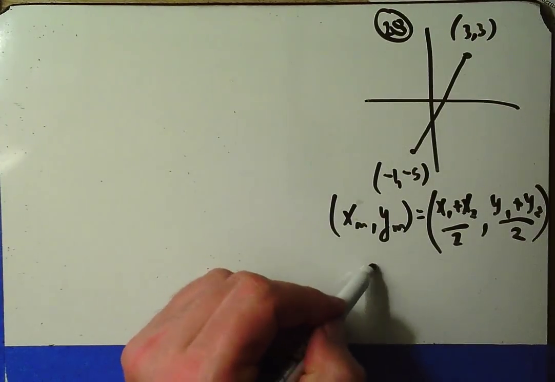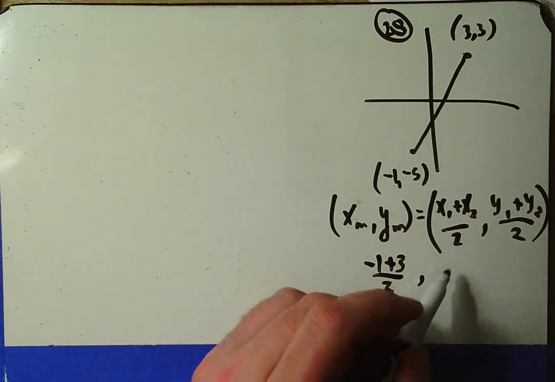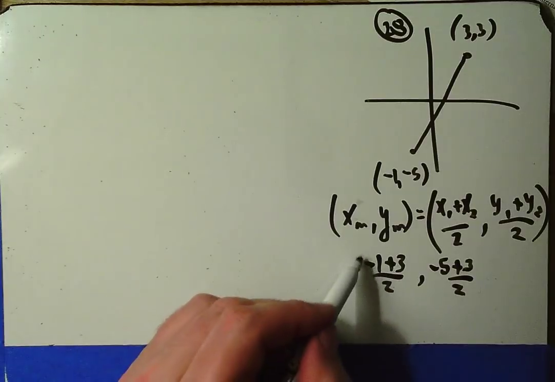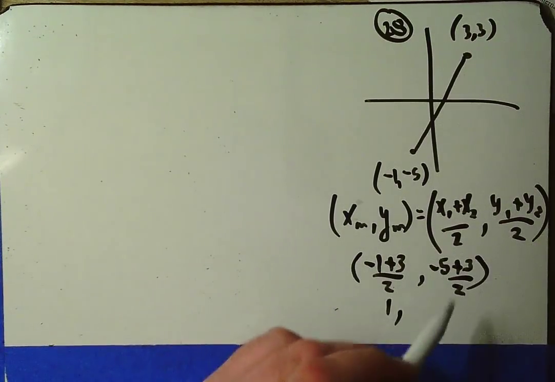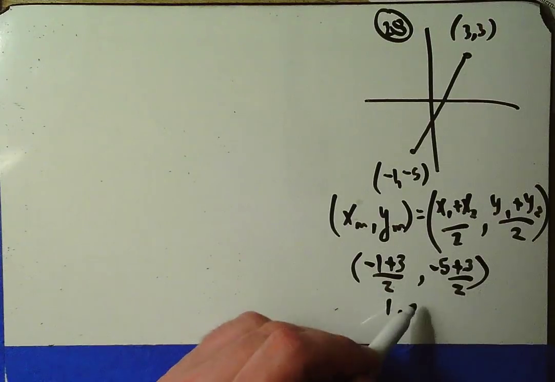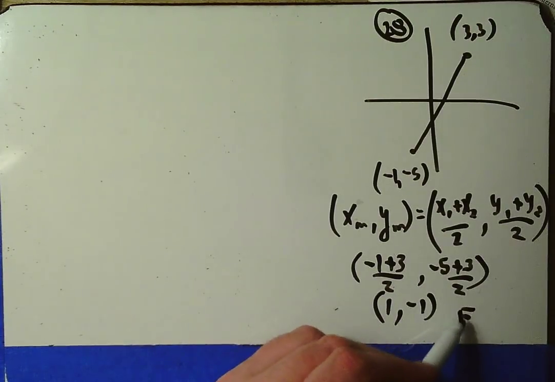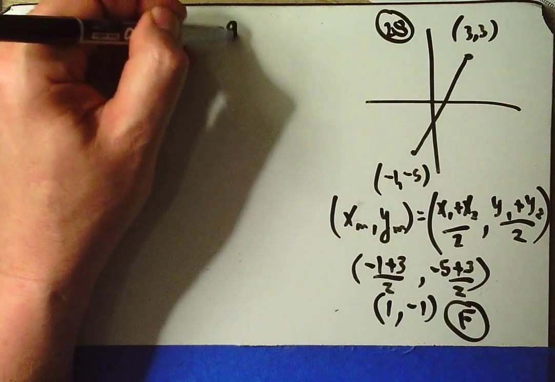So if I do negative 1 plus 3 over 2, and negative 5 plus 3 over 2, I'm going to get 2 over 2, or 1, and I'm going to get negative 2 over 2, or negative 1. So 1, negative 1 seems to be the midpoint, and that occurs at choice F. 29.